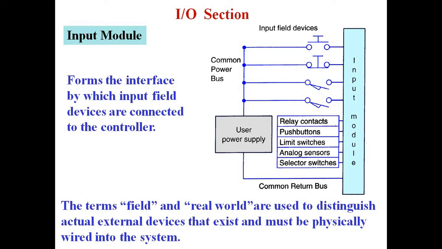The first one is a normally open switch, and the second one is a normally closed switch, and the next two switches are in open condition. Then module conduction period, relay contacts, push button, limit switches, analog sensor, selector switches in the input field devices.